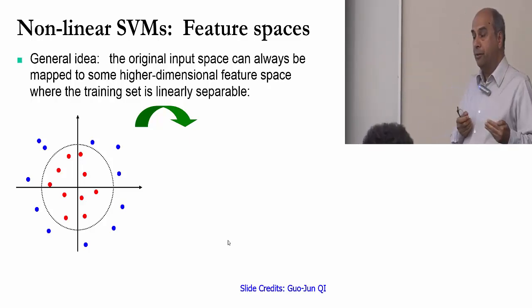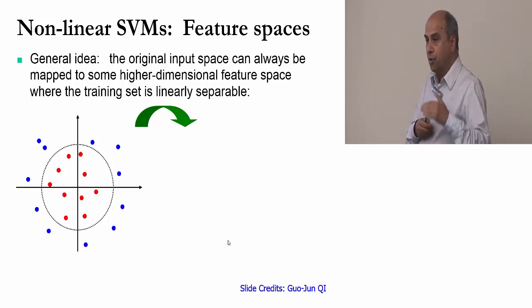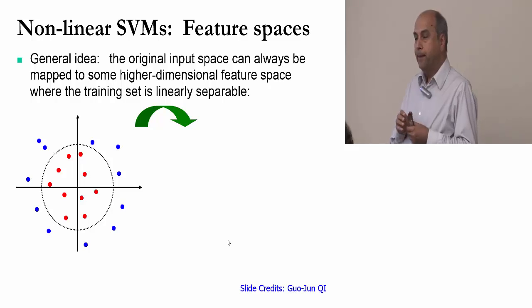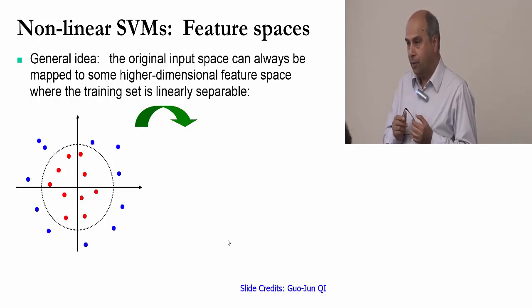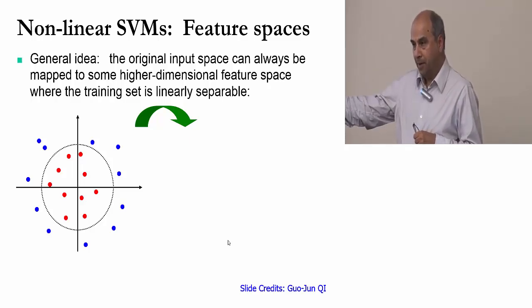So now we say, well, non-linear, we cannot do that. Like this example, it's very difficult. So what we showed here is that we take the feature vector, map it to a higher dimension using this mapping phi, and then we find a dot product of phi of xi and phi of xj.